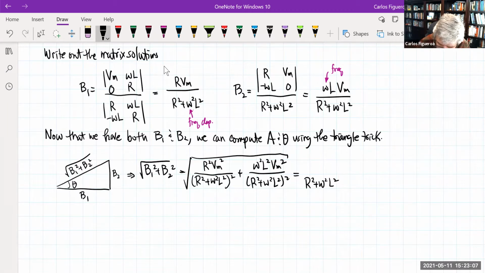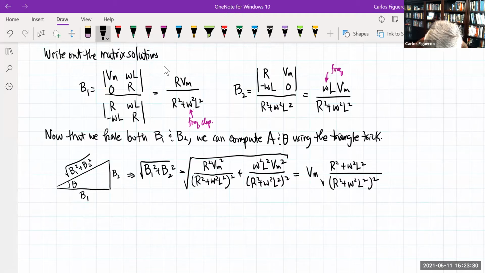No, I don't think I want to do that. Let me show you why. I just realized the algebra is going to be nicer if you do this. So I pulled out the Vm, but look what I have now. Boy, I'm glad I didn't do that. Look what I'm going to get now. I'm going to get r squared plus omega squared L squared square root. You could see how one of these terms cancels out, right? That term cancels out with that.